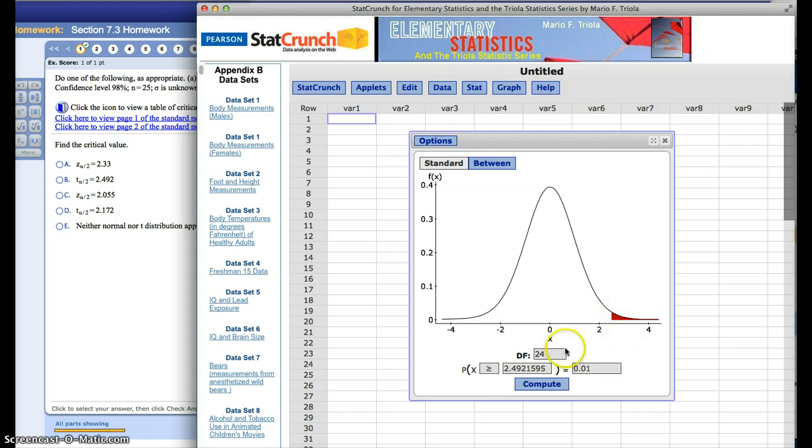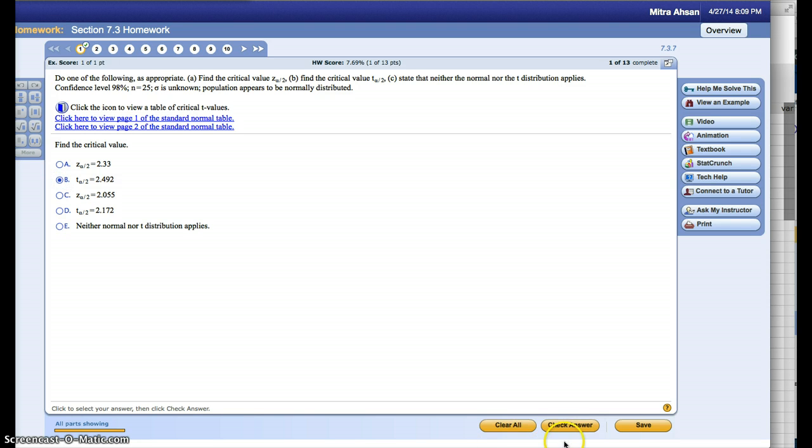So this is the critical value, and the area to the right of that is going to be 1%. It looks like the critical value is 2.492, which is going to be choice B, because choice D is t of alpha over 2 equals 2.172, and I need 2.492. I will click on this and check answer, and that was how we do this one.